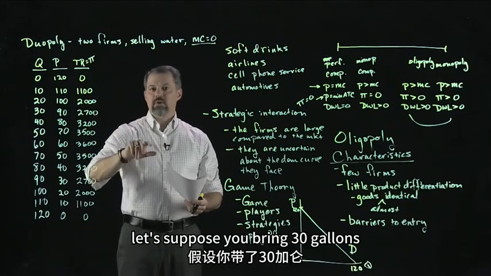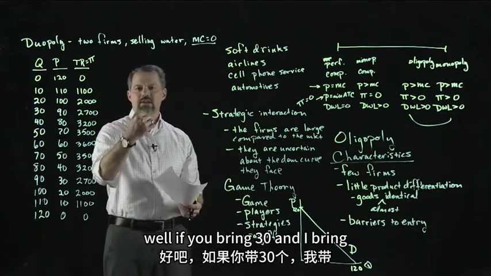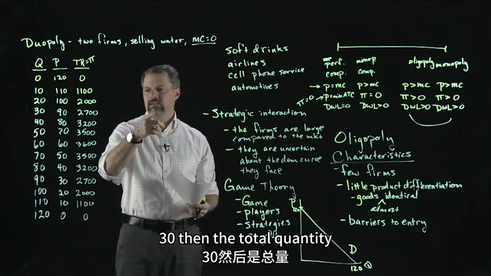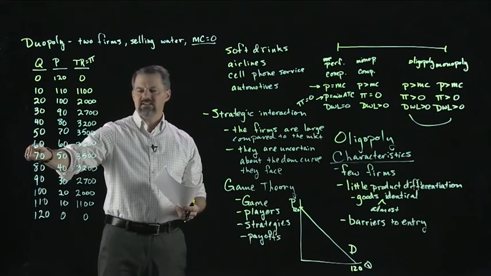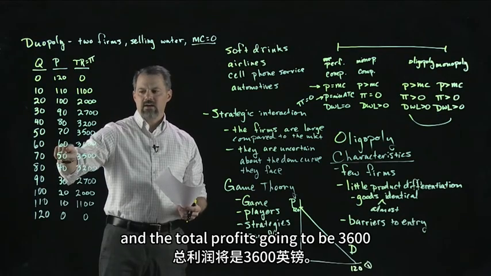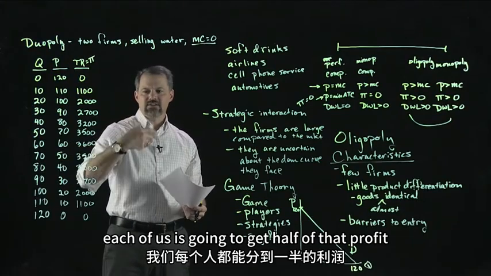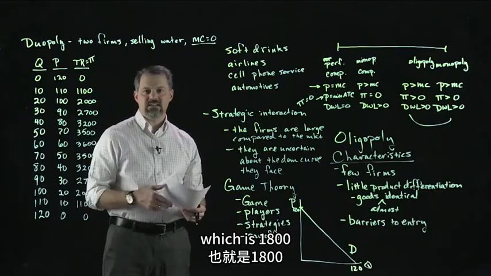So, for example, let's suppose you bring 30 gallons and I bring 30 gallons. Well, if you bring 30 and I bring 30, then the total quantity that day is going to be 60. It's going to result in a price of 60, and the total profit is going to be 3,600. Each of us is going to get half of that profit, which is 1,800.